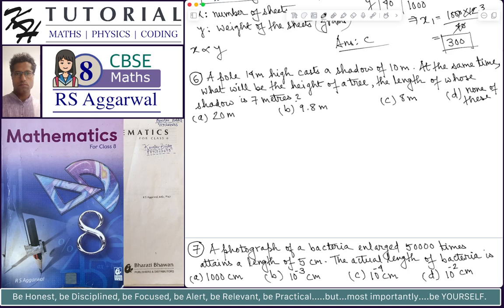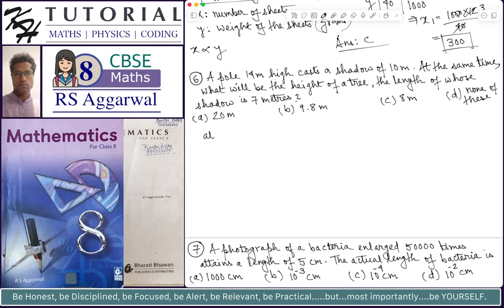So if we consider a tree or a pole, the ratio of the height of the pole and the length of its shadow will be equal to the ratio of the height of a tree and the length of the shadow of the tree at a specific time. So this is the concept.